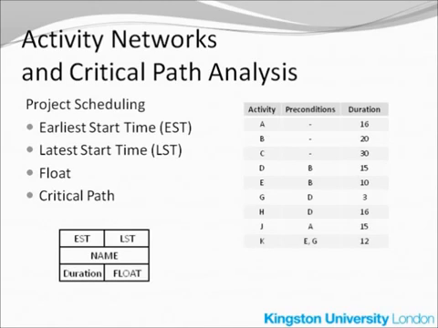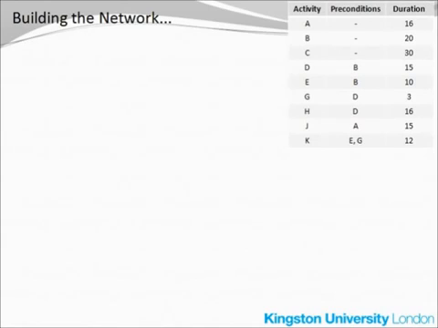So let's start with our drawing. I have put the table of activities conveniently in the corner of the screen, and I can start building the network with putting the start node on the left-hand side of the screen. Now we can choose all those activities that have no preconditions.